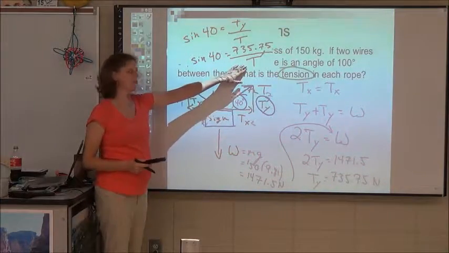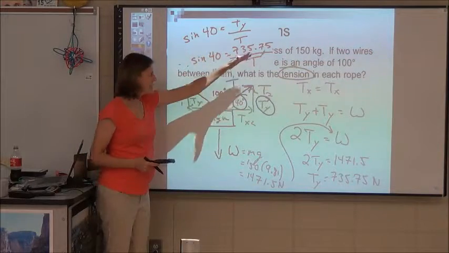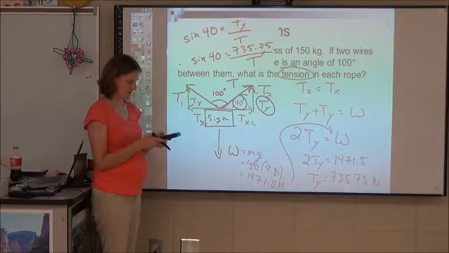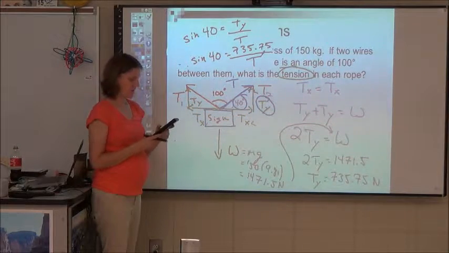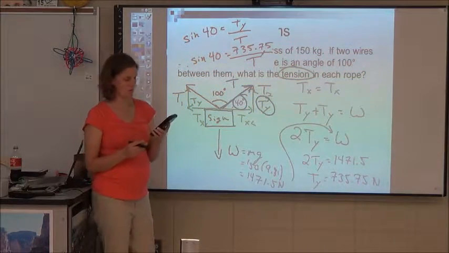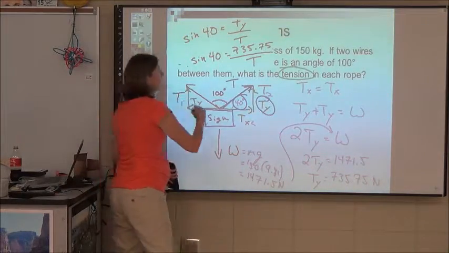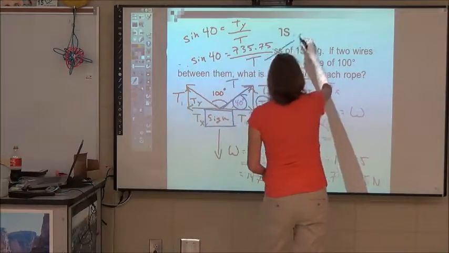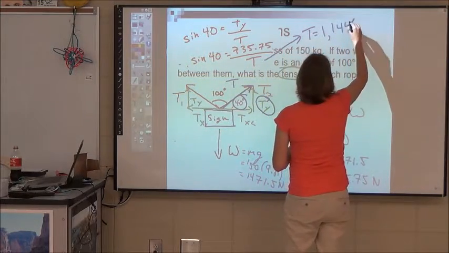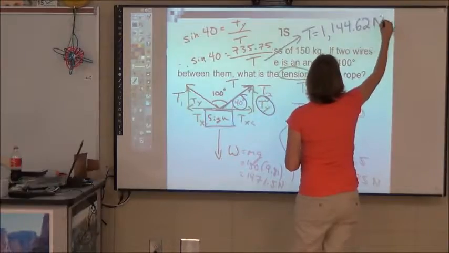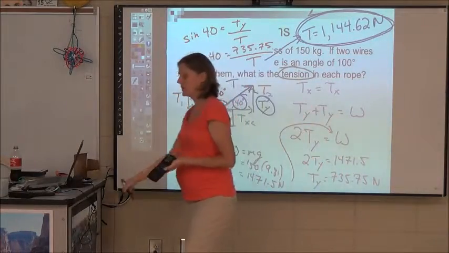And then just solve for T. Of course, make sure you're multiplying T to the other side first and dividing by sine of 40, to get 1,144.62. Voila.